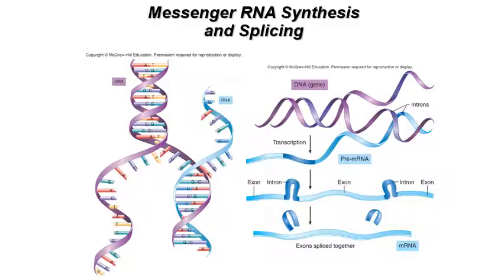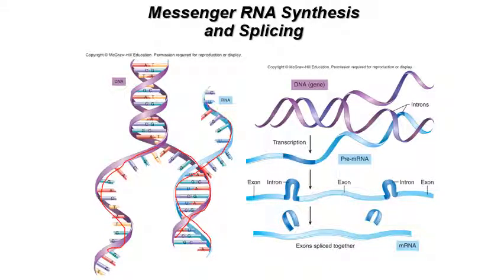So here's the overall step. You can see this is our first step, our transcription. We're making this RNA. This is our template strand, and here's our coding strand of DNA, and we're making a strand of messenger RNA.